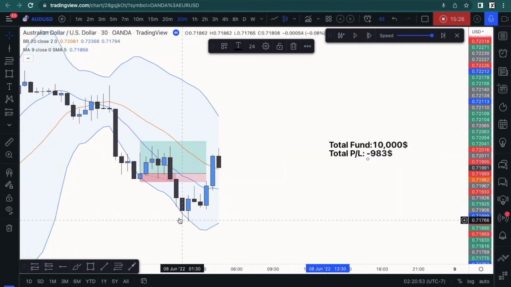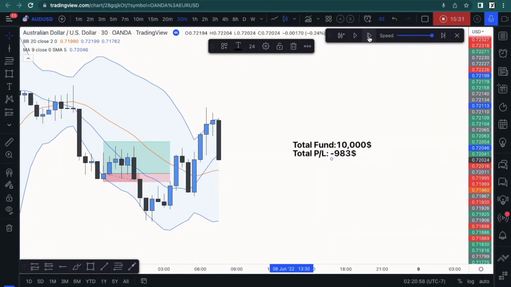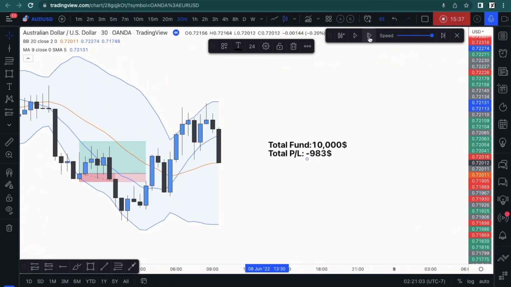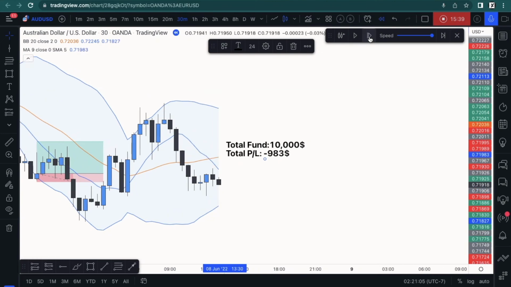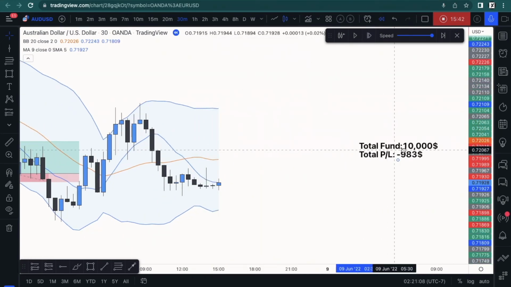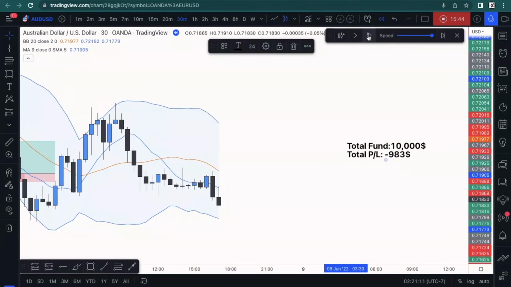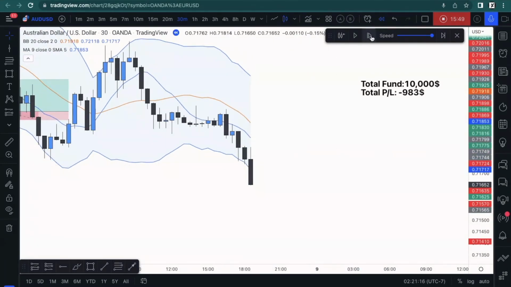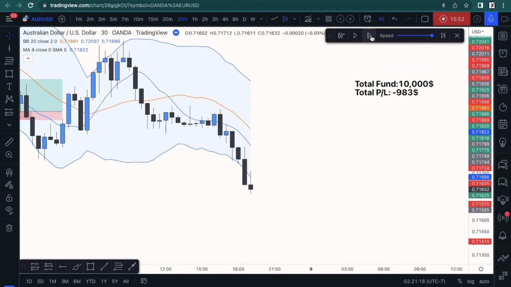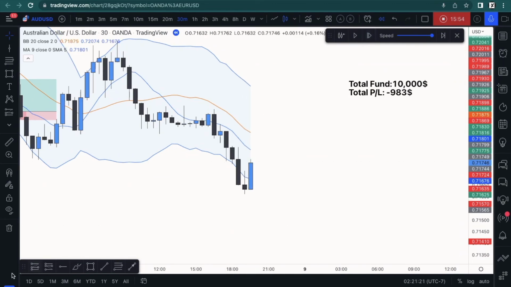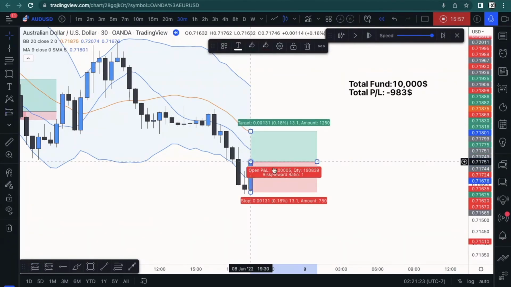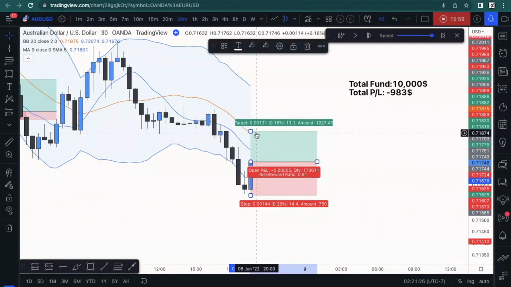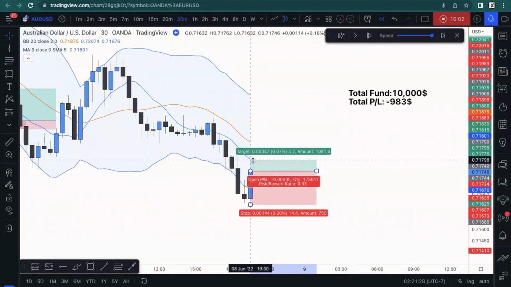Okay, price has not closed below, so this is not going to be a valid setup. Okay, actually, the price is starting to trade outside the lower band, so once it closes inside we will be taking entry. Okay, so this is our entry, putting our stop loss at the swing low and take profit at the moving average.